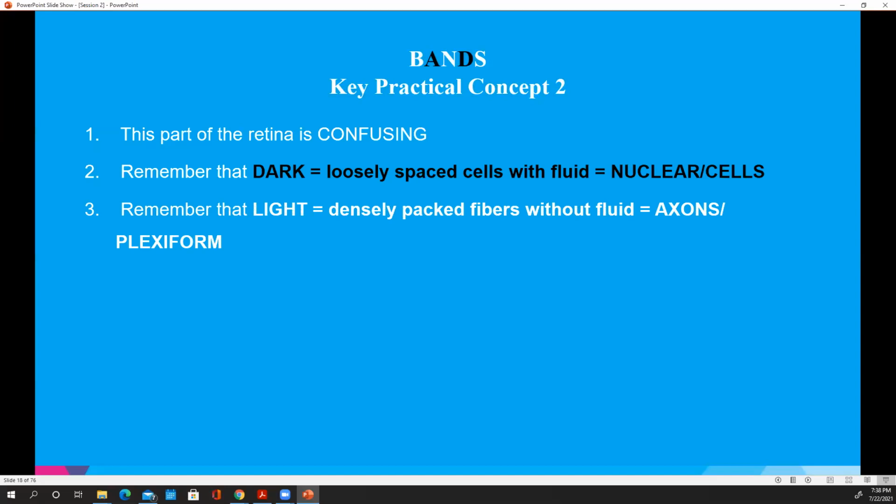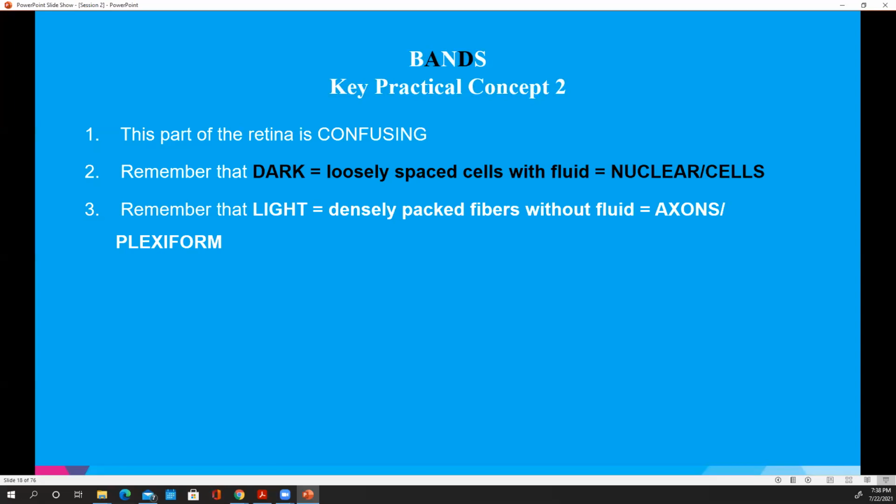Well, densely packed fibers without fluid allow light to bang off of a lot of different things, because nothing is going to be so packed that light, which is like the smallest quanta on Earth, can't find a way and bounce right off. So if you have a ton of packed substances in one location and you don't have a lot of fluid, which is just homogeneous fluid, you're going to have a lot of banging off.